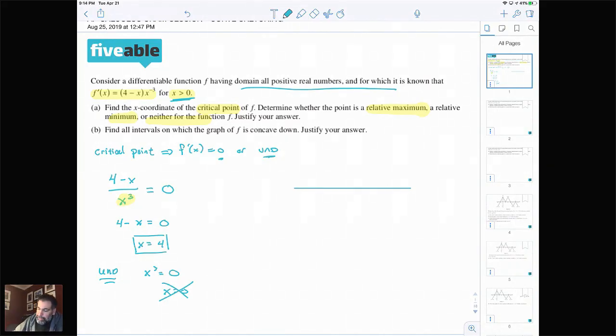So now I'd like to set up the first derivative test. The way I do that is I use a number line, and I always like to label it with my derivative. So f prime of x is equal to 4 minus x over x cubed. And now what we want to do is take advantage of the idea that there are some endpoints on this problem. So 0 is an endpoint in this problem. We can't include it.